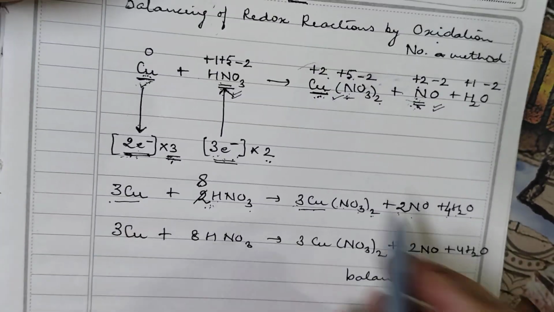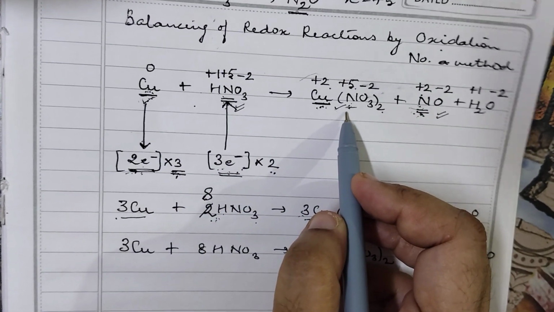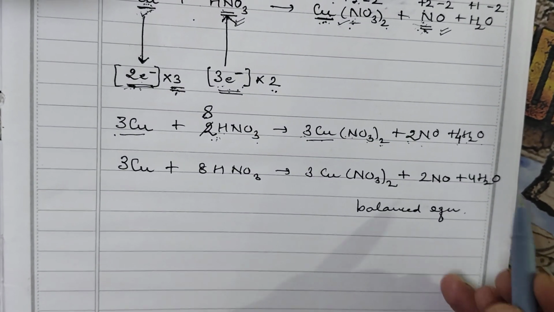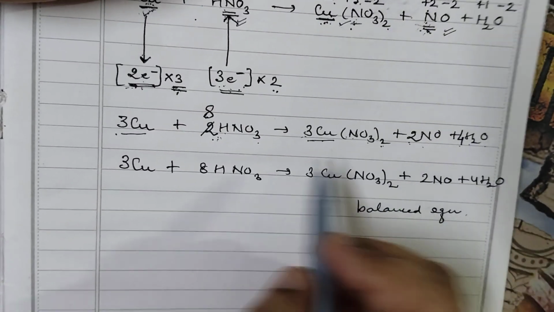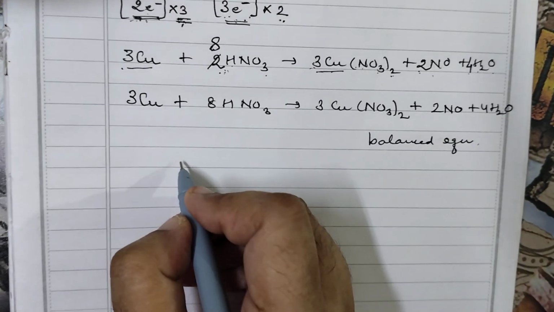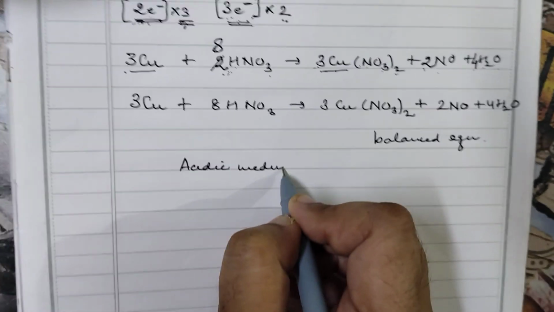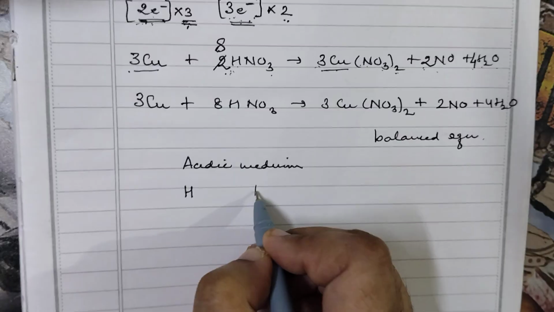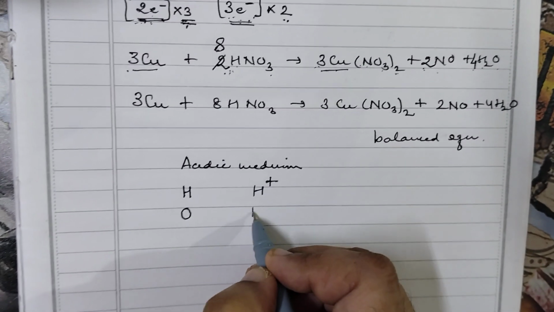And if the equation given to you is in the ionic form, then for balancing hydrogen and oxygen, you will use the method used in the ion electron method. That is, the other atoms will be balanced in a similar way, but in acidic medium, if the equation is ionic, then to balance hydrogen, we add protons, and to balance oxygen, we add water.